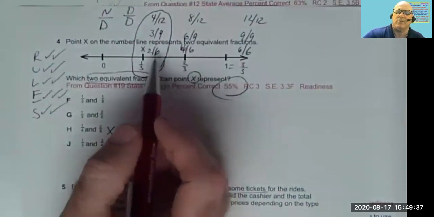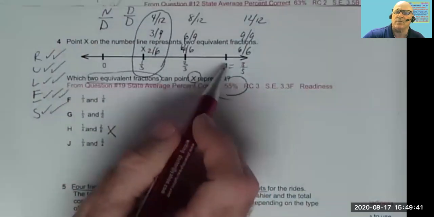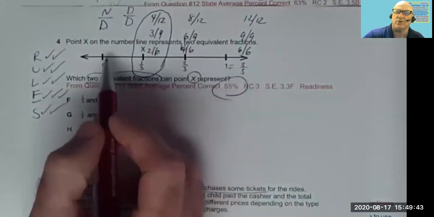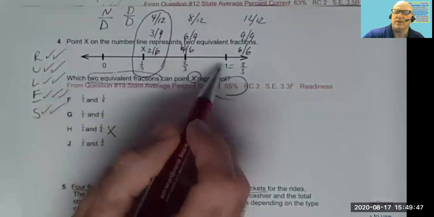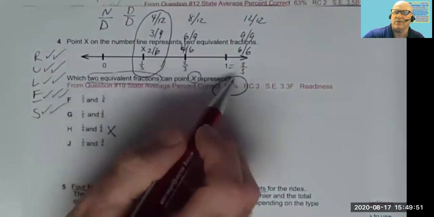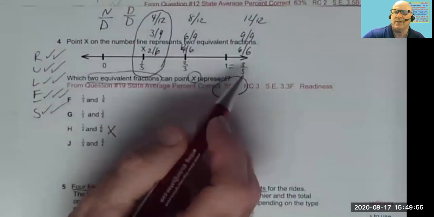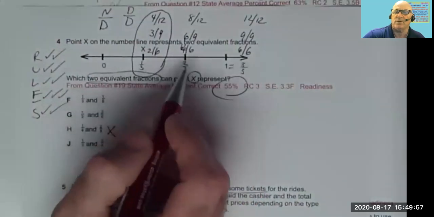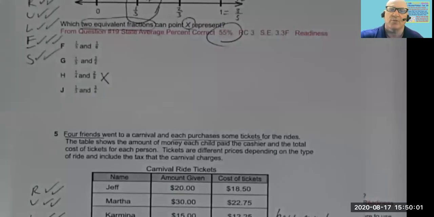Basically what we're saying is, how many sections are we dividing this whole number on the number line into? So let's count. 1, 2, 3 equal sections. So we're dividing the line into 3 equal sections. There's 1 of the 3's, 2 of the 3's, and 3 of the 3's. 1/3, 2/3, and 3/3.